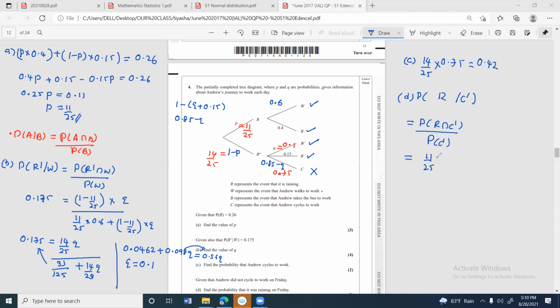Raining and not cycles means 11 over 25 into 0.6 plus 11 over 25 into 0.4, divided by not cycles. Not cycles means this branch, this branch, this branch, and this branch.